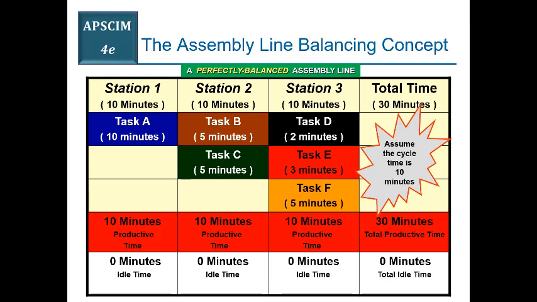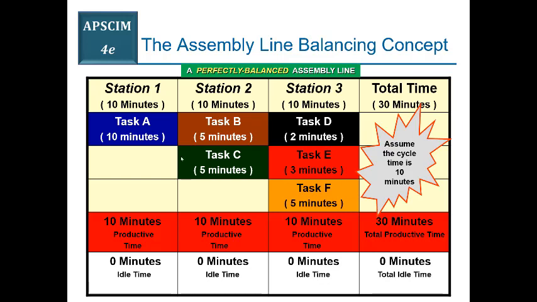So if the case is like this, in which your distribution is such that all the workstations are exactly performing the operations in the same time, so that will be a perfectly balanced line, and practically it is not achievable. Definitely you will have idle times in between or among the stations if you have multiple stations, you know.